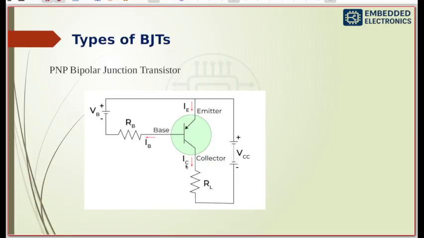A very small current also exists due to heat generated charge carriers. This is called the reverse saturation current. So how to remember this process? The emitter sends holes, the base controls them, and the collector collects most of the holes. So the PNP transistor works as an amplifier as well as a switch. So this is about the PNP.